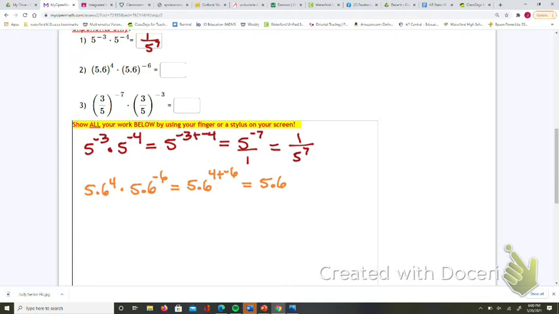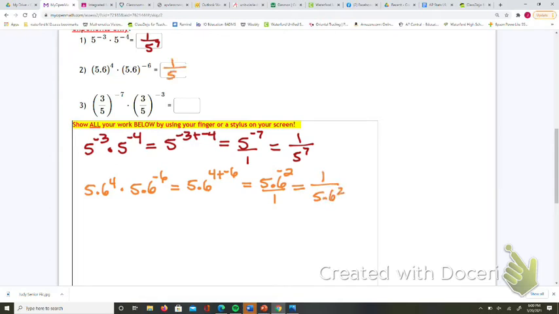I have 4 positives and 6 negatives. If I have both positives and negatives, I have to subtract. 6 minus 4 is 2. And then the 6 was negative, and that's the bigger number, so it's got to be negative. So then I have to put it over 1, and then I have to do the reciprocal. So I only do the reciprocal if my exponent is negative. And it ends up being 1 over 5.6 to the second.